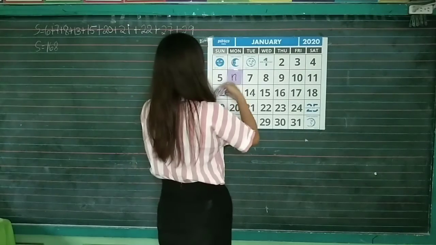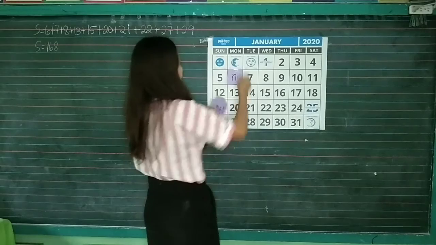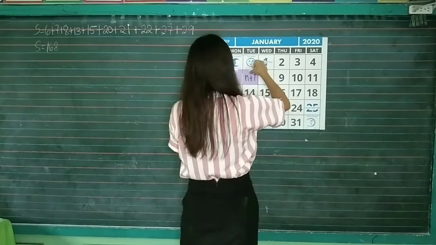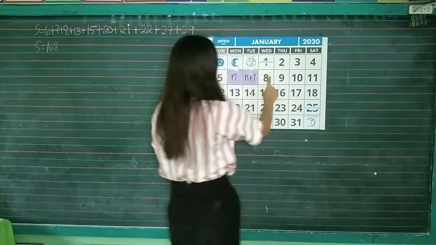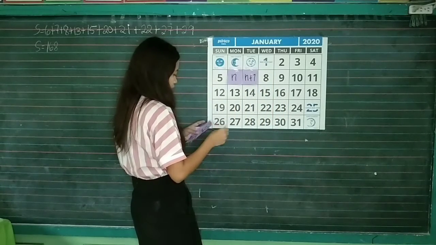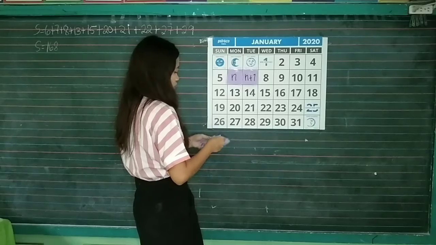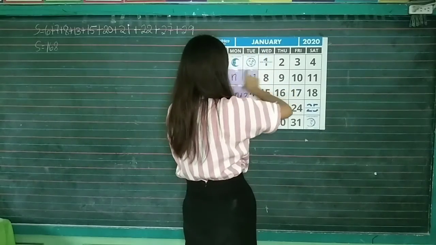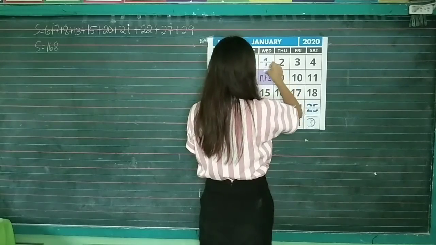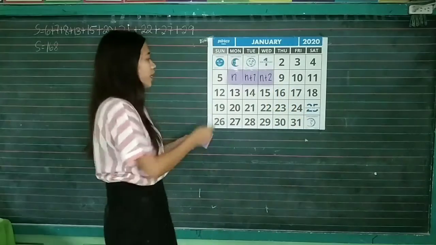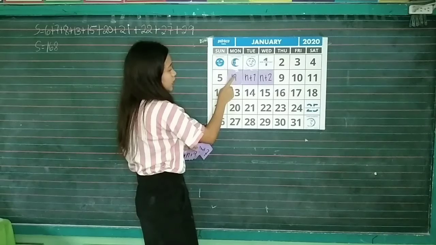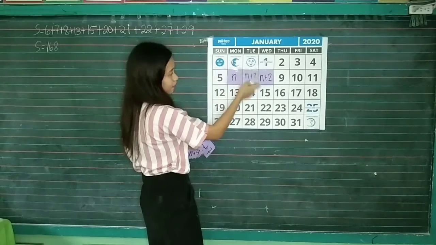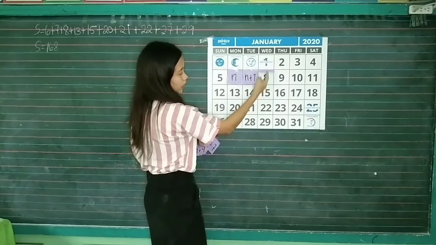So, for the number 7, we have n plus 1. Same process: 8 minus 6 is 2, so we have n plus 2. If you notice, our n is 6: 6 plus 1 is 7, and 6 plus 2 is 8.